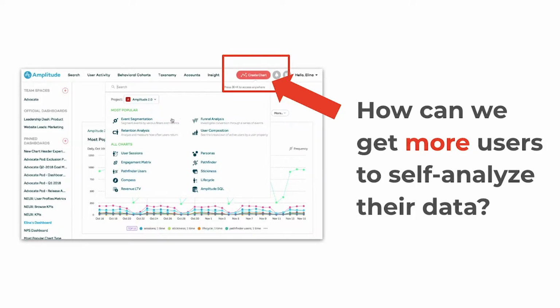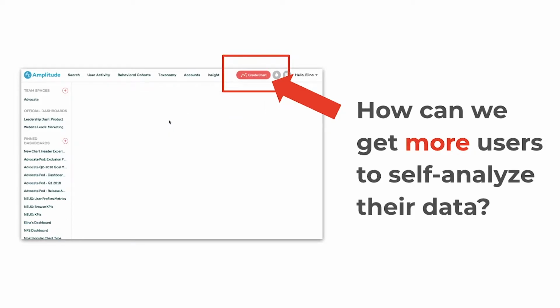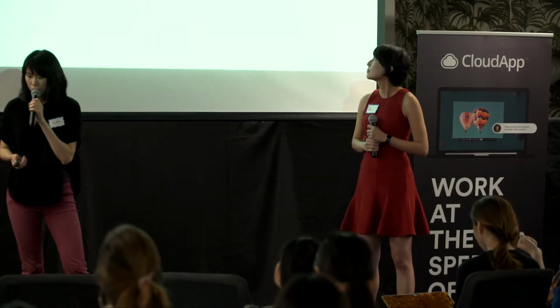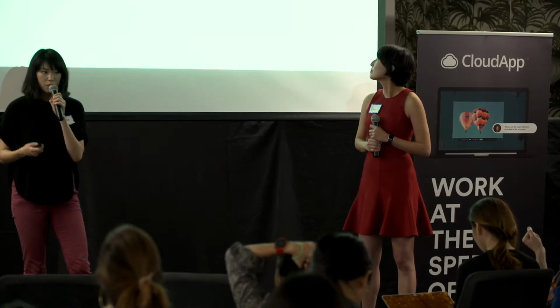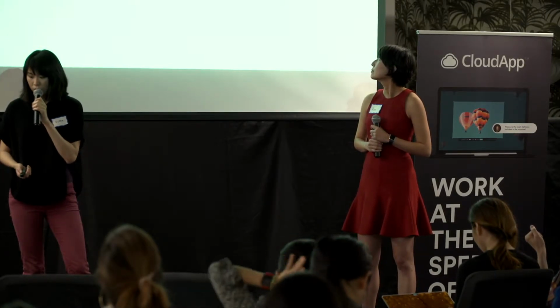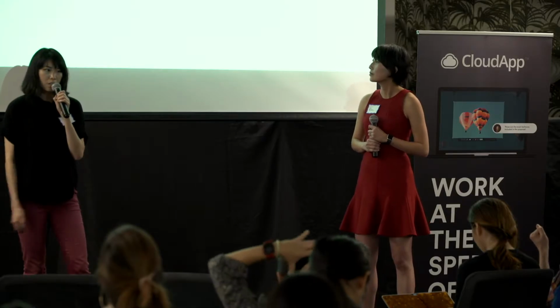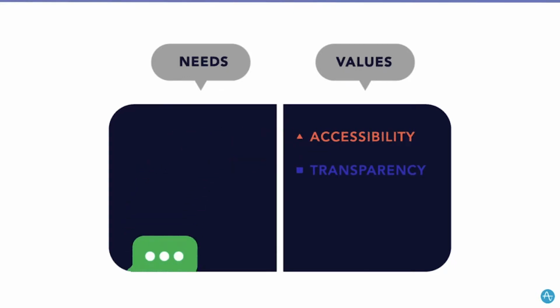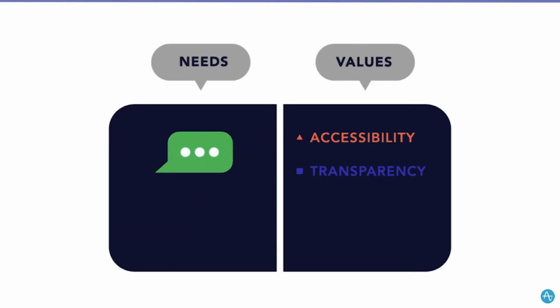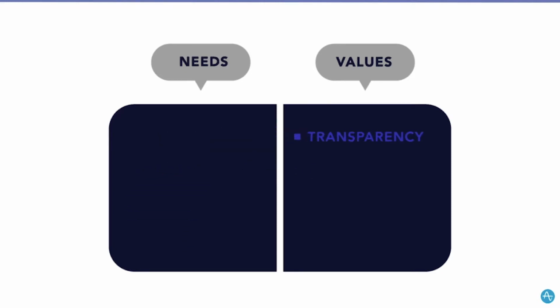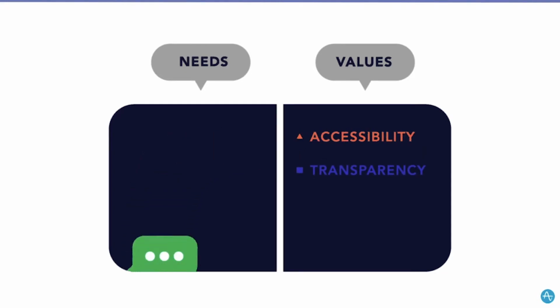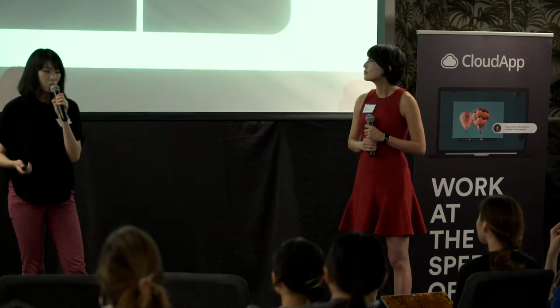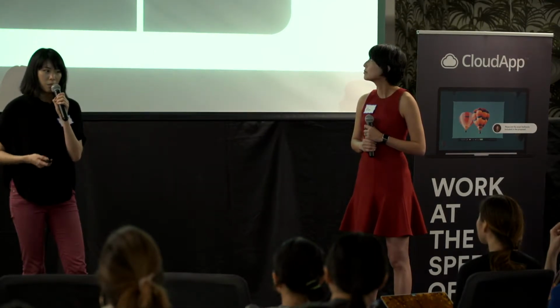So this is an area that we were really interested in focusing on, to dig deep into their user needs and their goals. Why are they not clicking on this button to create a chart? That presents a really great opportunity for us to gather their user needs and their personal values, or what they are actually experiencing in the app. Why are they challenged? What's blocking them from creating a chart for themselves?